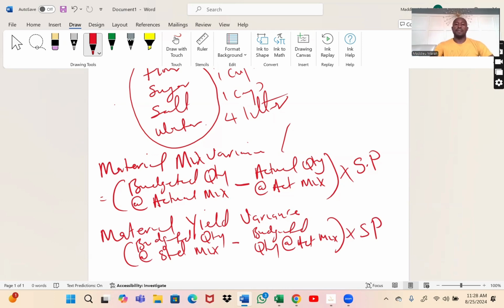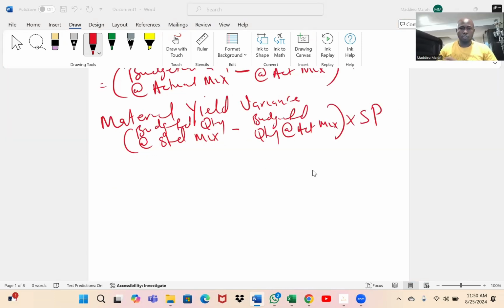So this is how I'll get my yield variance. Projected quantity, remember the budget is the same as the standard? Projected is the same as the standard. Projected quantity at standard mix minus projected quantity at actual mix multiplied by selling price. This is how I get my material yield variance.